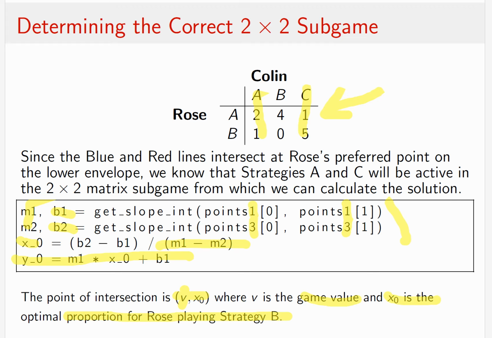At x equals 1, she's playing B 100% of the time and A 0% of the time, right? So we have a way to calculate her game value and the proportion of time she'll play B. If we want to know the proportion of time she'll play A, we'll have to do 1 minus x to get that.